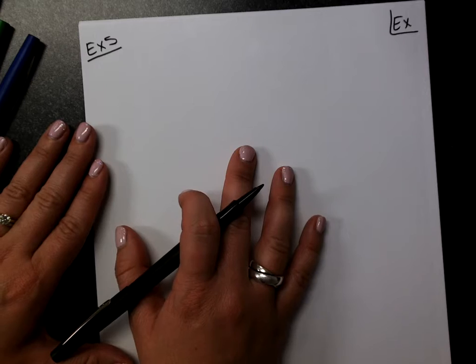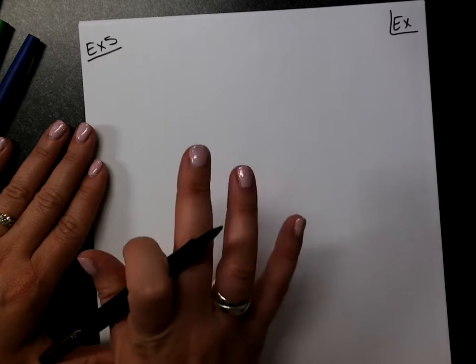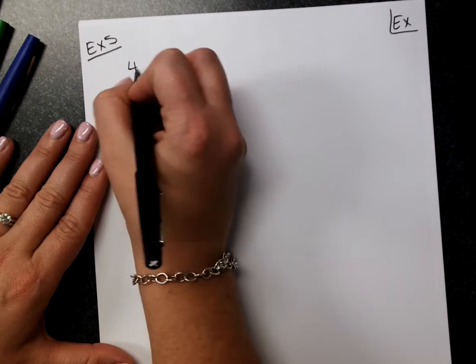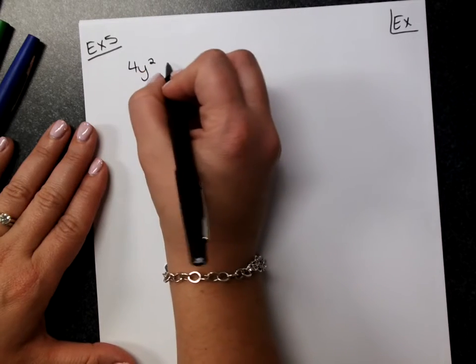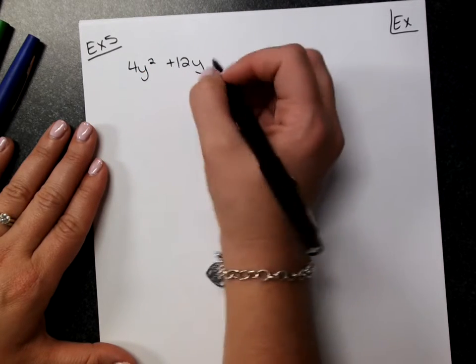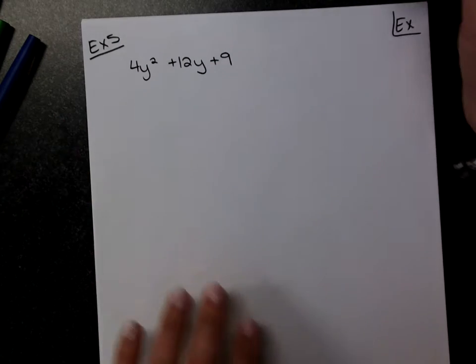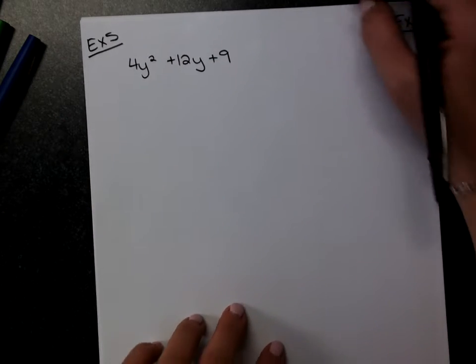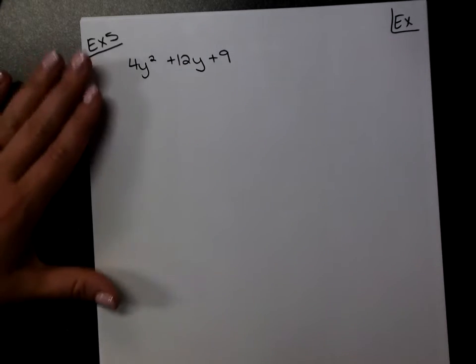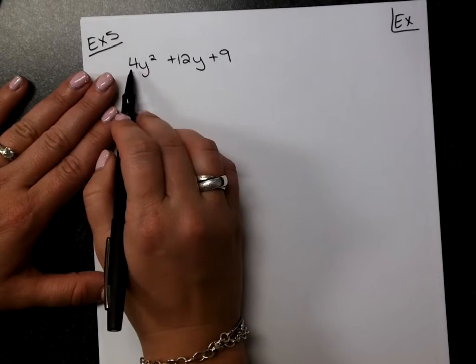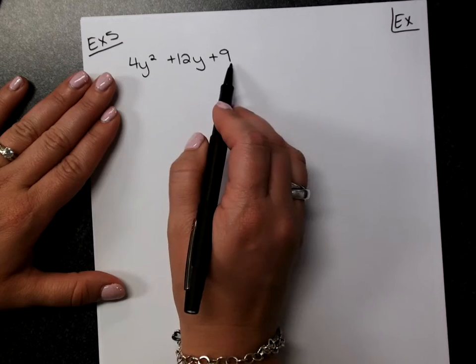So example 5, let's see. Here's a good one. Let's do 4y squared plus 12y plus 9. We're looking for a GCF between 4, 12, and 9.